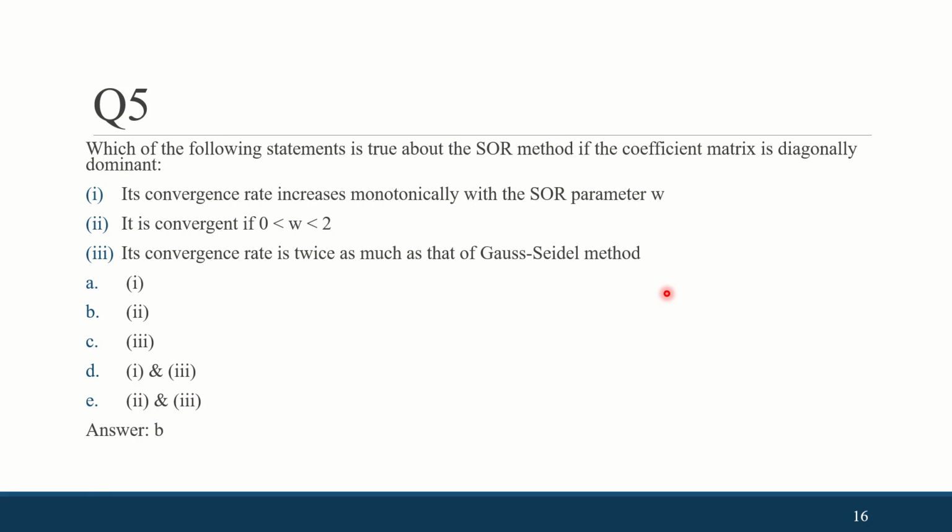The convergence rate is not twice that of Gauss-Seidel. It is increased somewhat, but we do not know the exact value.